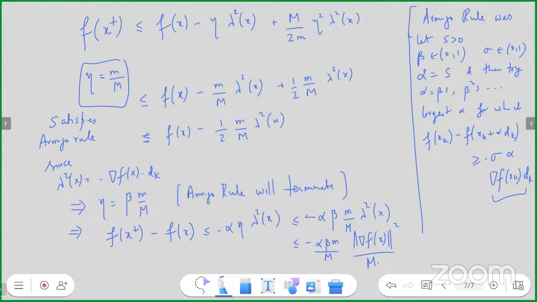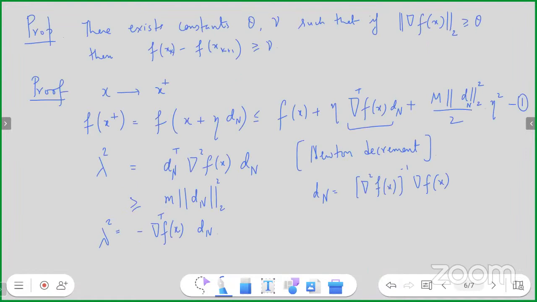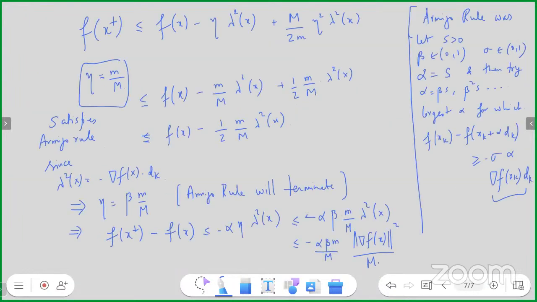Okay, so what have we now? What have I shown? Essentially, that f(x plus) minus f(x) is less than or equal to this quantity. What do I want to show? f(x) minus f(x plus) is greater than or equal to. No, that is just a rehashing of it. What did I want to show? What was the proposition I started with? Some constant. So what is that constant which will work for me? Yes, gradient of f of x.